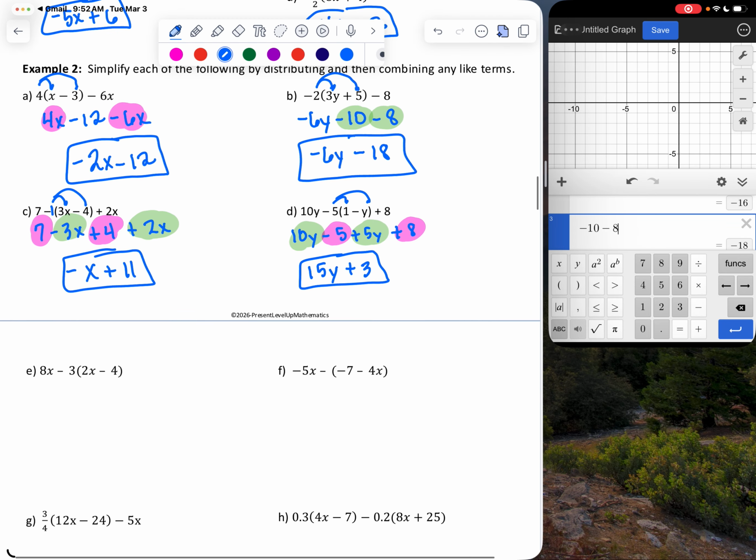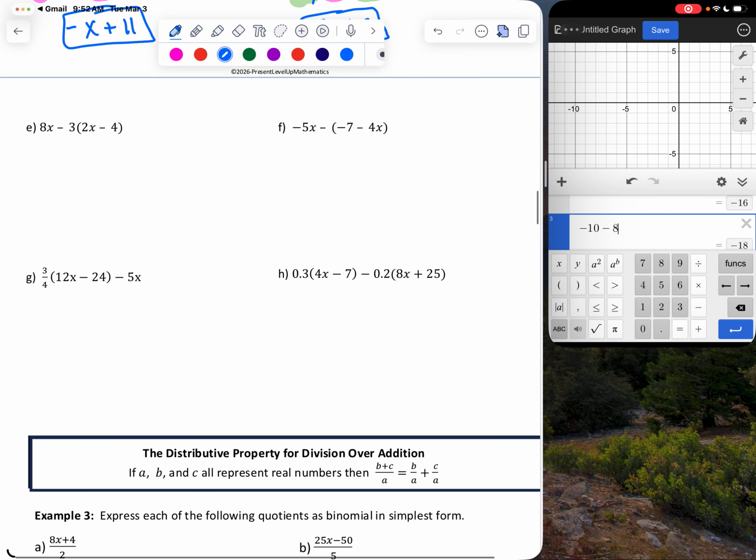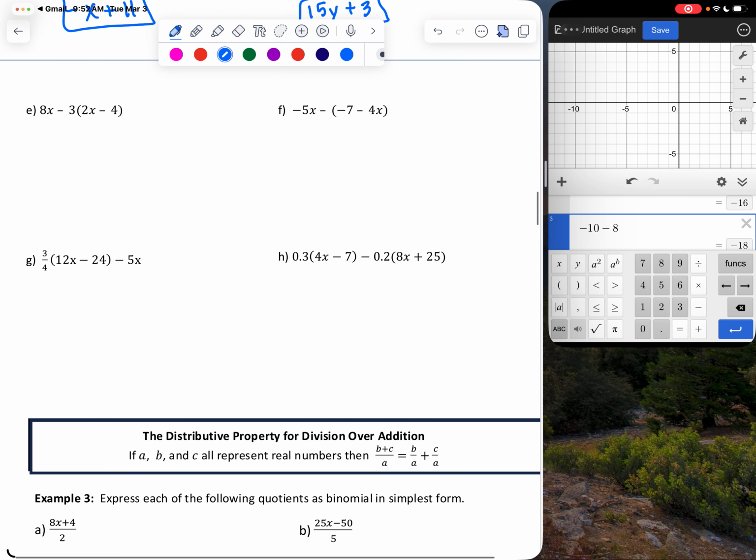All right, problem E. Pause the video and try problem E on your own. All right, welcome back. Let's see how you did. I had 8x. I multiplied everything in my parenthesis by negative 3. So negative 3 times 2x is negative 6x, and negative 3 times negative 4, positive 12.